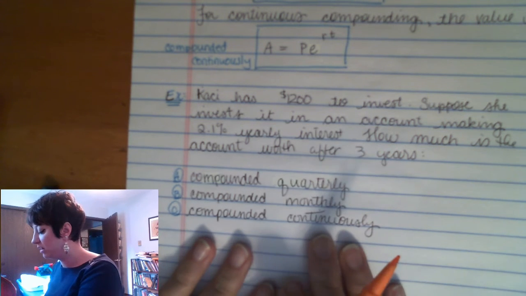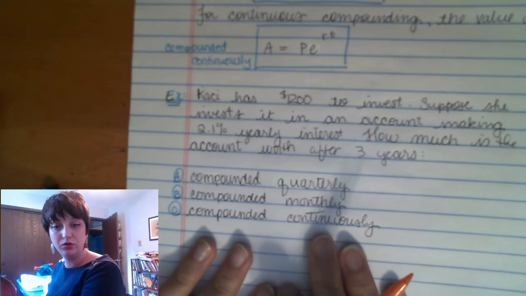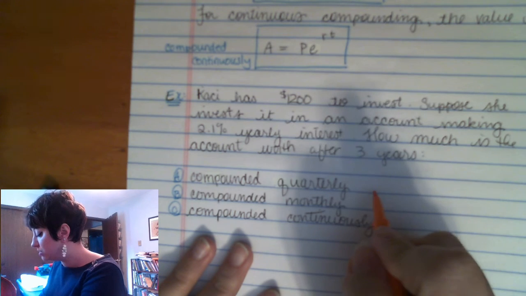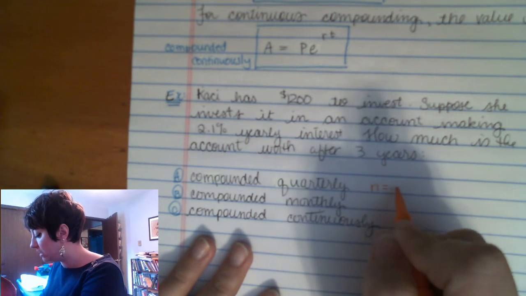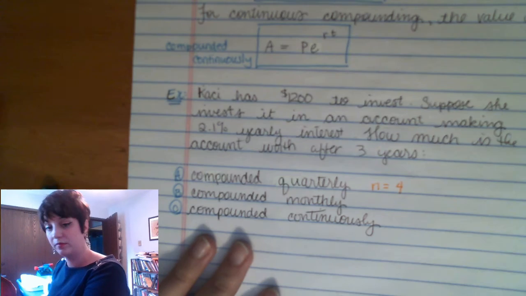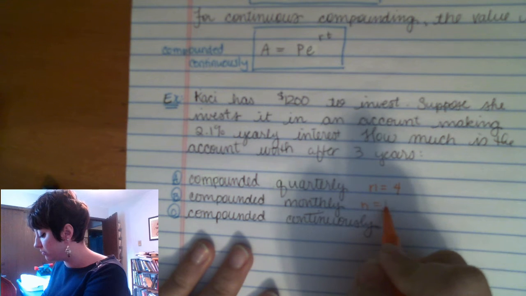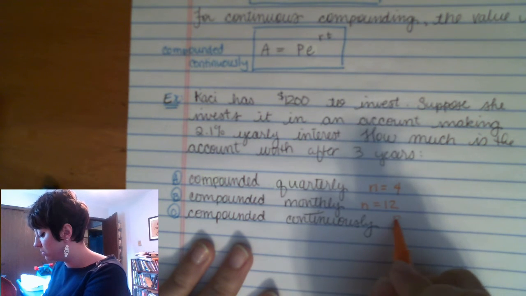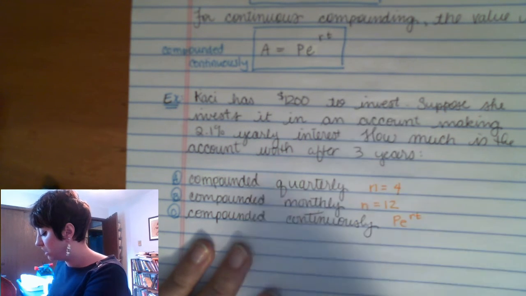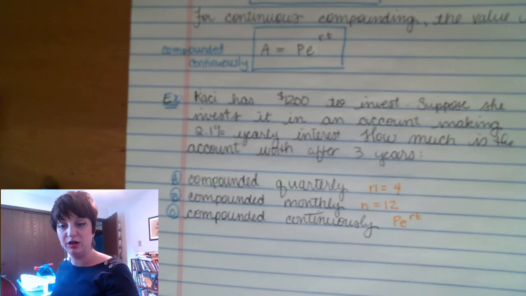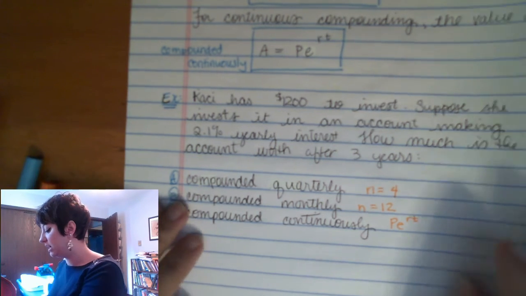So for compounded quarterly, well, there are 4 quarters in a dollar, right? And 1/4 of something is a fourth. So this is going to be n equals 4. For monthly, we're going to be doing n equals 12. And for continuously, that's going to be our PERT. So let's go ahead and do these.